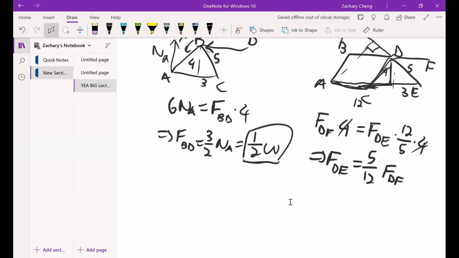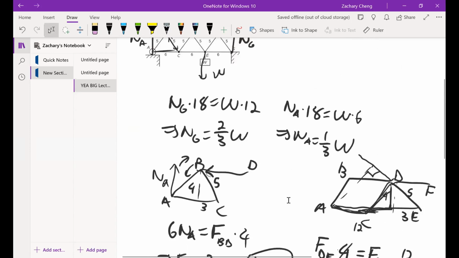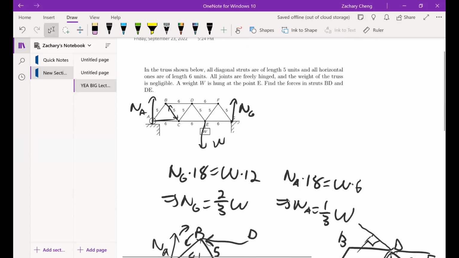So now what we do is we look at EFG as a system.